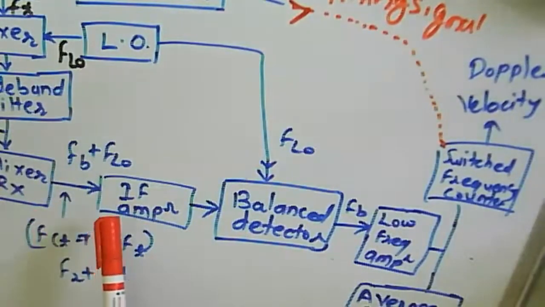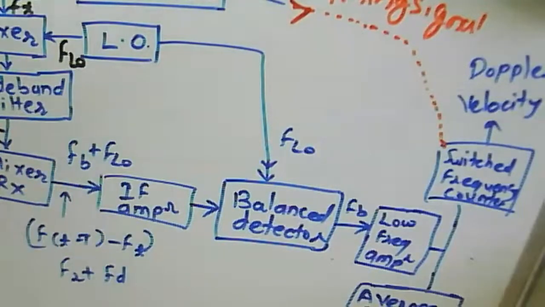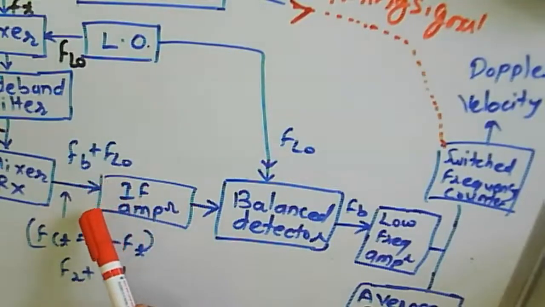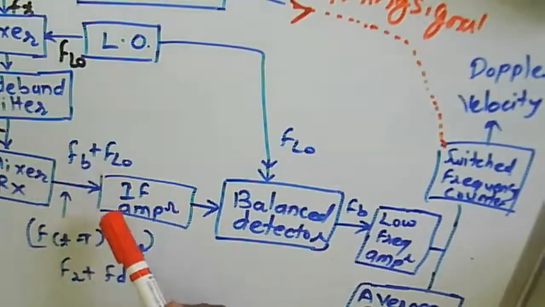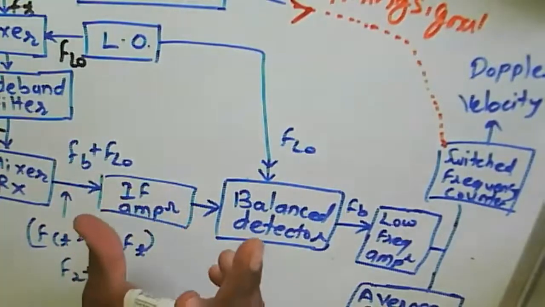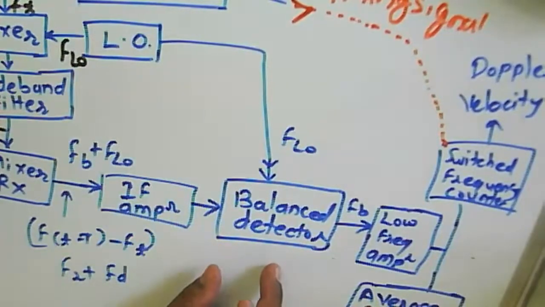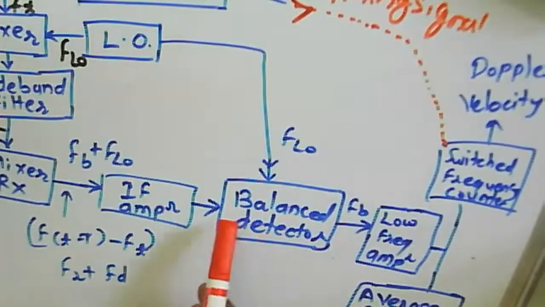Now, if you consider this particular point here, we are getting a beat frequency signal. That beat frequency signal from this mixer, we have a beat frequency signal that is supposed to be passed through this IF only for a specific band there, and then it is to be passed through the balance detector. Means the IF signal is amplified here, and that is given to the balance detector. And that balance detector means what?